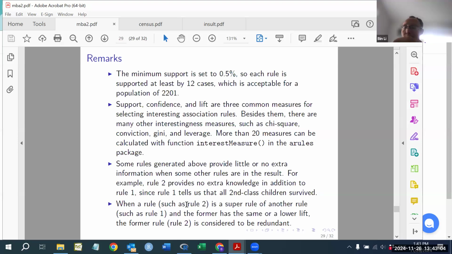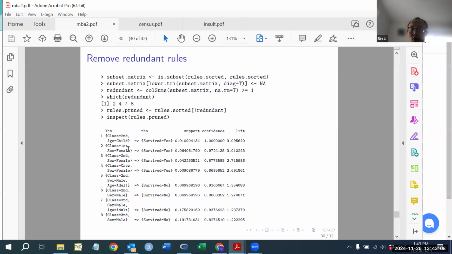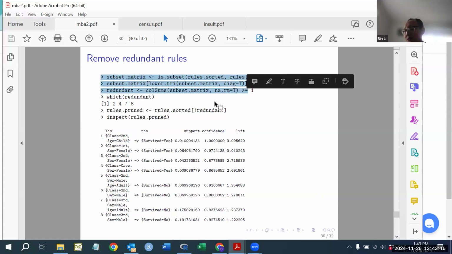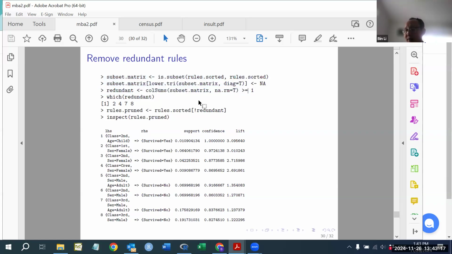So we can eliminate those redundant rules, right? I have these lines of code here to remove the redundant rules. You can check it after class. So I ran this code and I found rule 2, rule 4, rule 7, and 8. So these 4 rules are redundant.